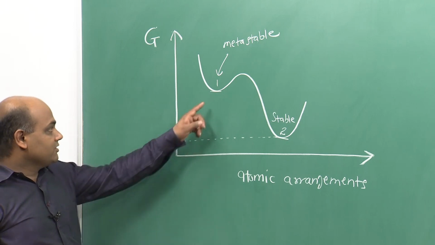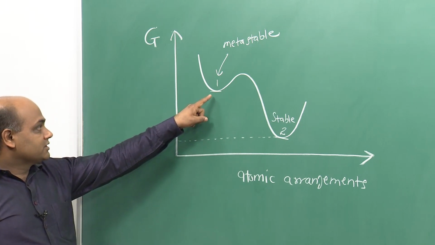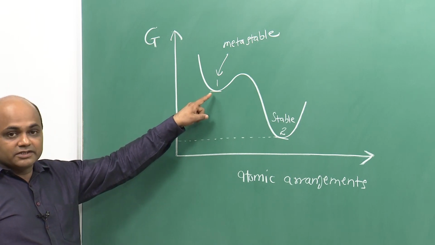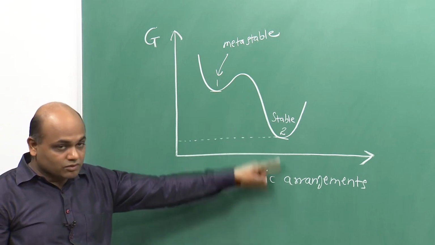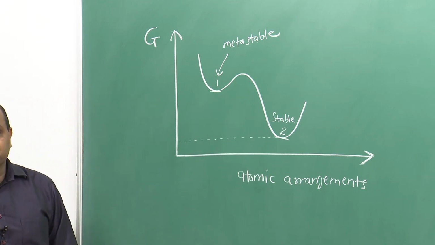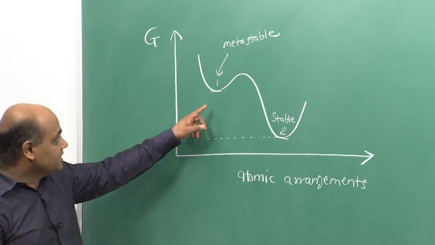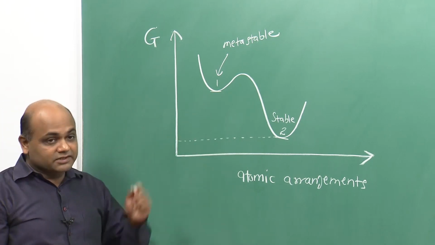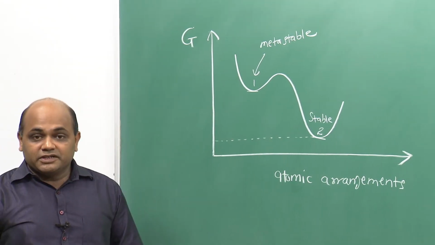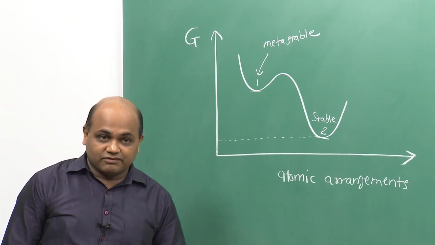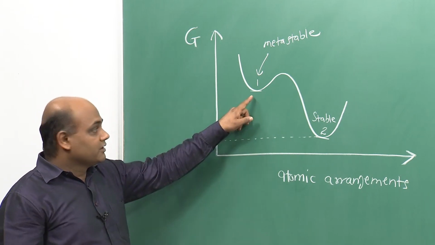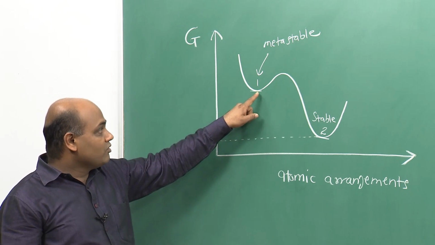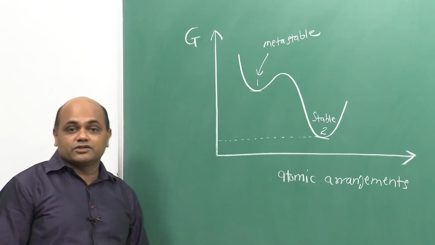So, if by any chance we retain the system in state 1, then thermodynamics says the system should move from state 1 to state 2 spontaneously. Spontaneously here means irreversibly. Remember, spontaneously does not say anything about the speed of the process, it does not mean fast or slow. It only says this system should move from state 1 to state 2.